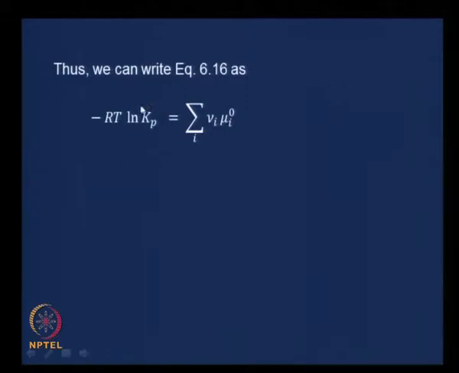Therefore, we have a means of getting Kp in terms of the mu i naught values, the standard chemical potentials of i species multiplied by the appropriate stoichiometric constants and summed over all i would lead to minus RT ln Kp. Let us call this equation 6.18.